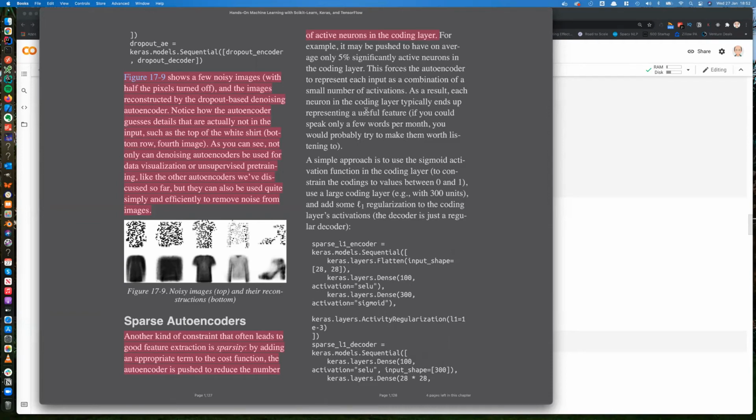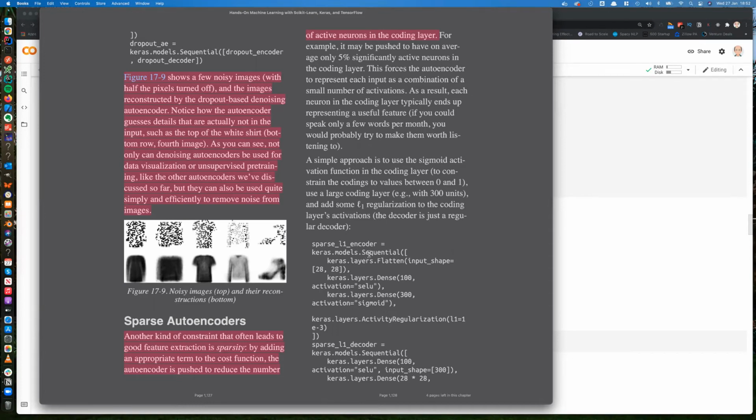And then they've got a little description here. A simple approach is to use sigmoid activation functions in the coding layer to constrain the codings to values between 0 and 1, and use a large coding layer, for example, 300 units, and then add some L1 regularization to the coding layer's activations. And the decoder is just a regular decoder.